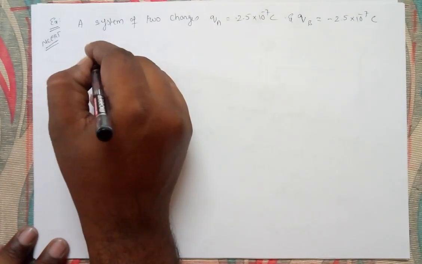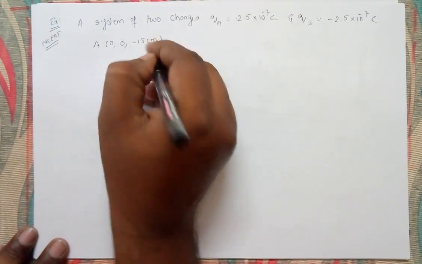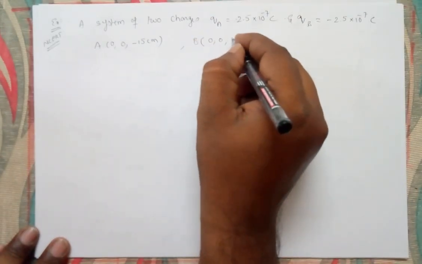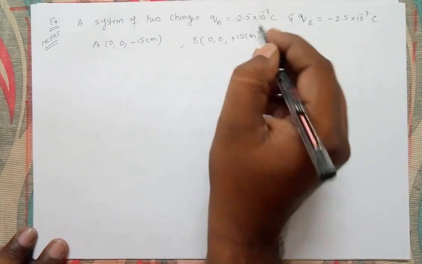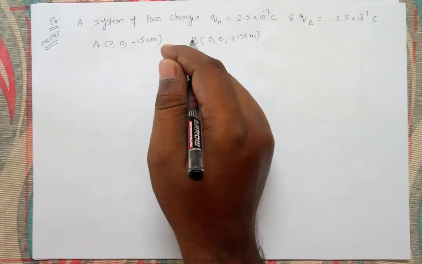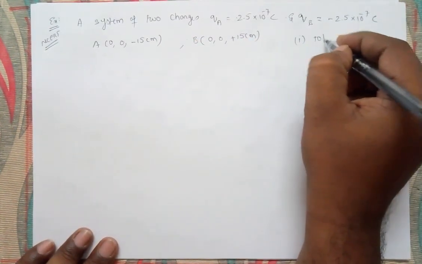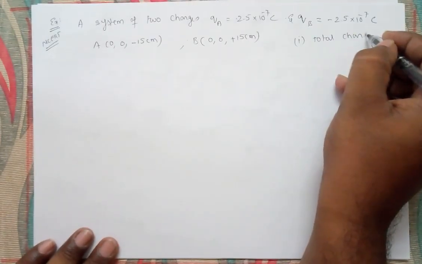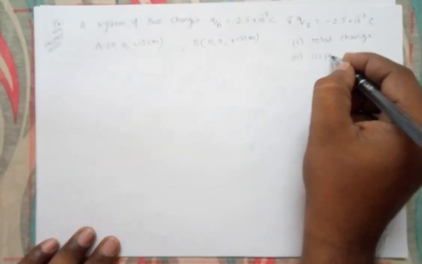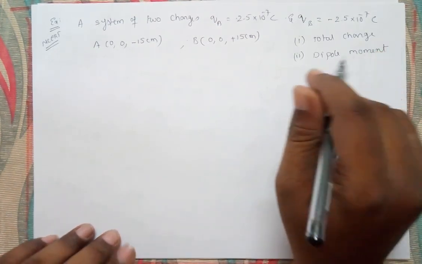One is at point A, 0, 0 and minus 15 centimeters. Another one is at point B, 0, 0 and plus 15 centimeters. The questions they are asking are the total charge and the dipole moment.